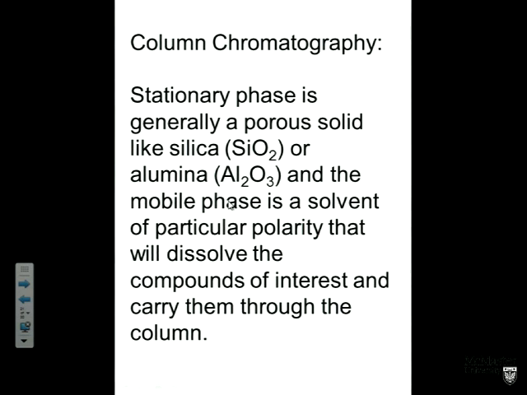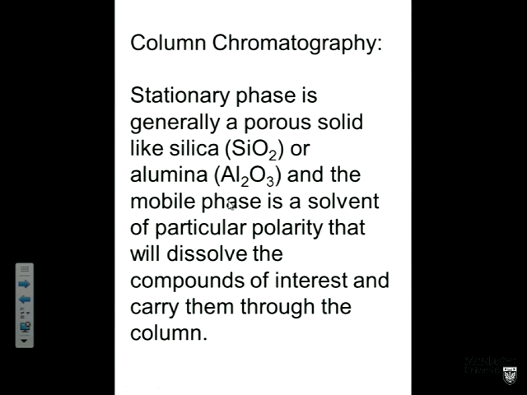So in column chromatography, you generally have a stationary phase like silica gel, and the mobile phase is a solvent. And here now it's a question of choice of solvent. We need a solvent that will dissolve the compound of interest. So remember that like dissolves like.